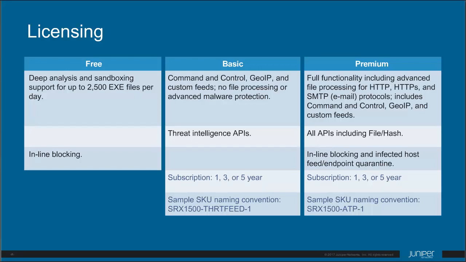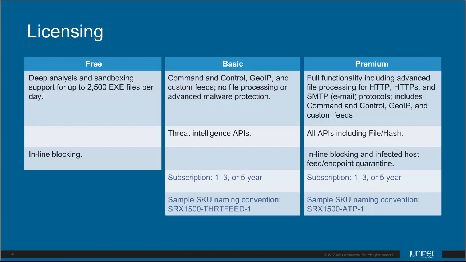we will also be able to run advanced malware protection on files being downloaded through HTTP, HTTPS, and SMTP for email protocols. So all of these will be protected. We will also be able to use another API, which is the file hash API, together with the threat intelligence one.